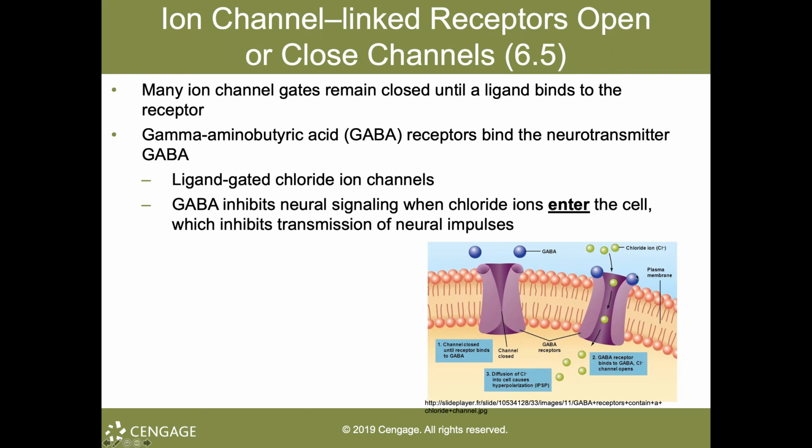In this case, this GABA will bind to the ligand-gated channel to open and allow the influx of negatively charged chloride ions. When these negatively charged chloride ions enter the cell, this actually turns the impulse off or inhibits the transmission of a neural impulse. So you won't get an action potential, or you won't get an action from the neuron.